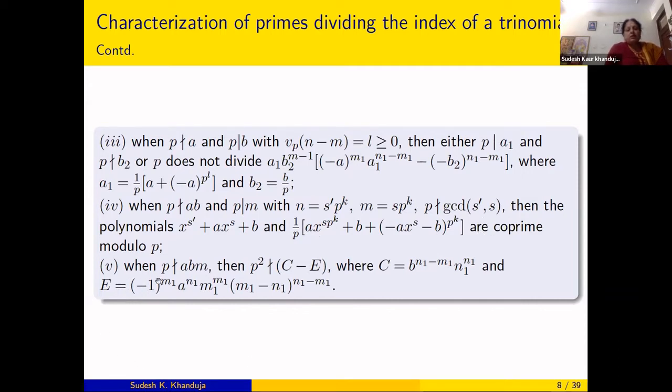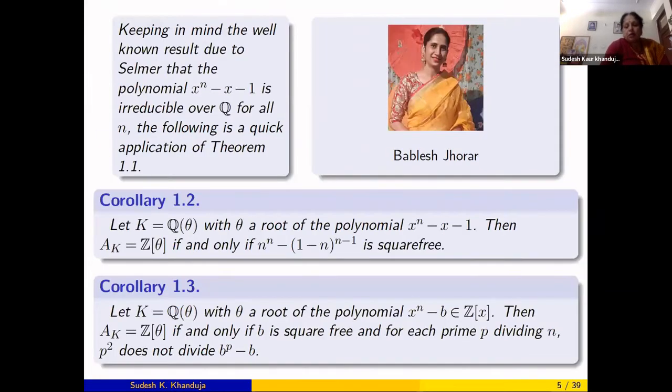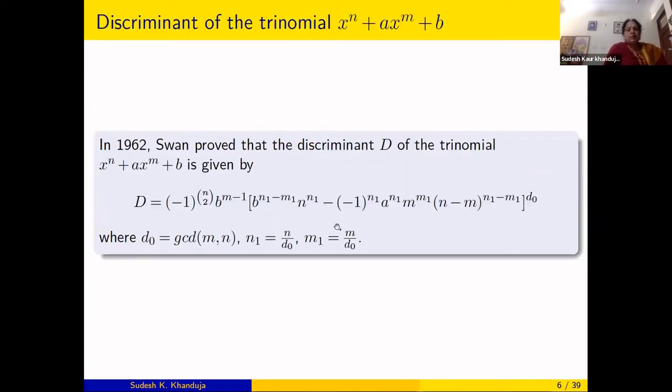And similarly, the last condition, when p does not divide abm, then p square does not divide c minus e, where c minus e is the expression in the middle term. This is expression c, and this is the expression e, the discriminant of the trinomial x to the power n plus a x to the power m plus b.